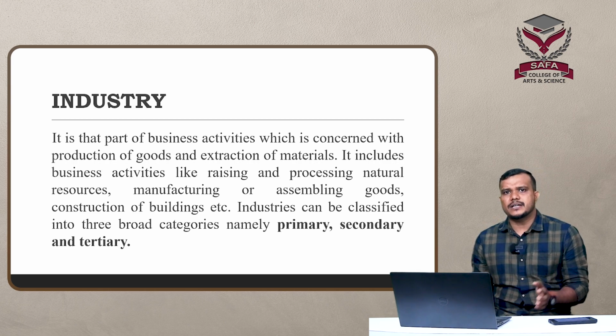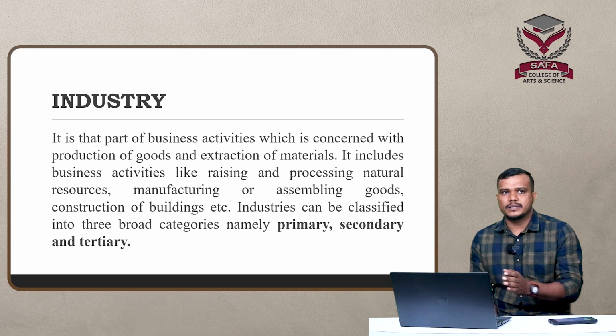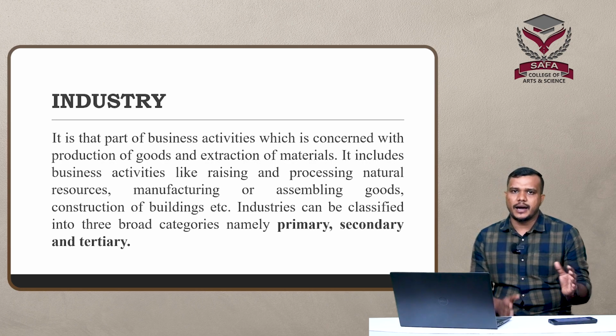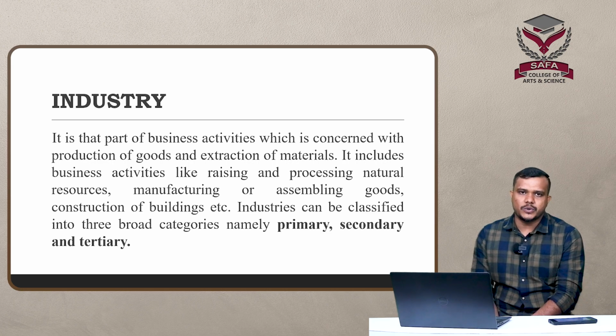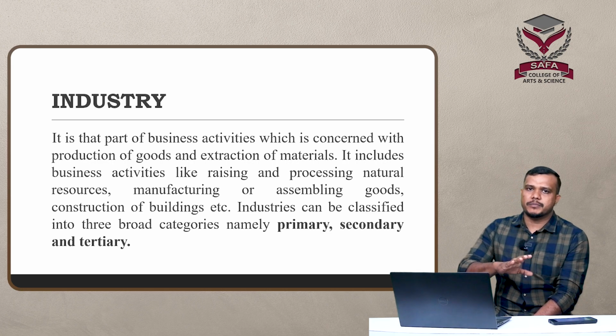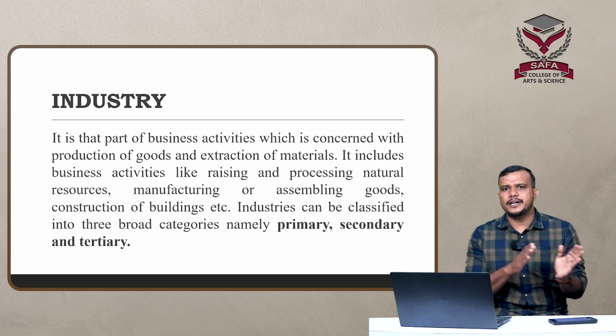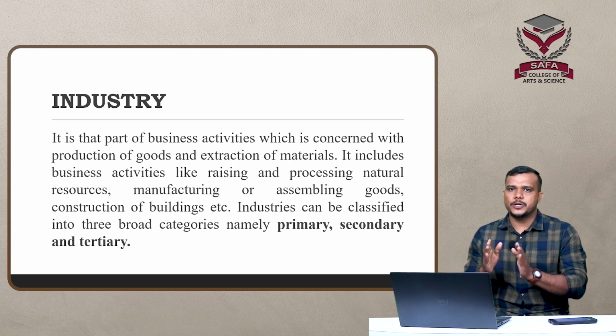The entire business activities are concerned with extracting raw materials from natural resources, converting them to finished goods, and the transfer of finished goods from the producer to the consumer. This is the entire process of business. The entire process is classified into two parts.